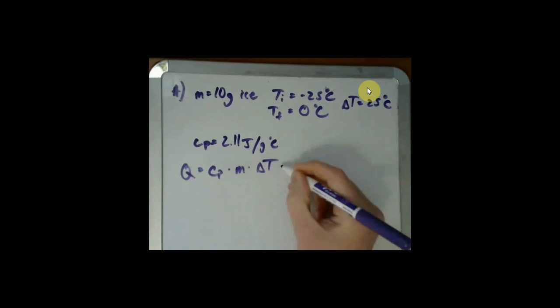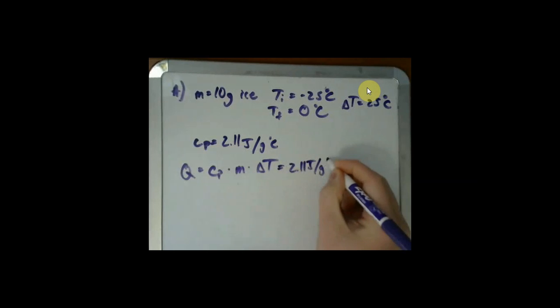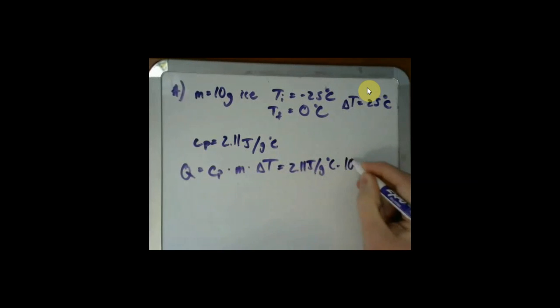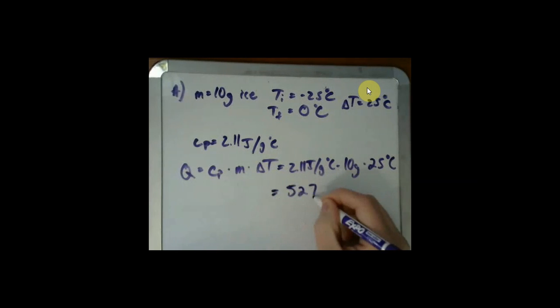Okay, so if we plug all of that in, 2.11 joules per gram degrees C, 10 grams of ice, 25 degrees C, that's going to equal 527 joules. And in your book, for letter A, it says 222 joules. So we'll call that good enough.